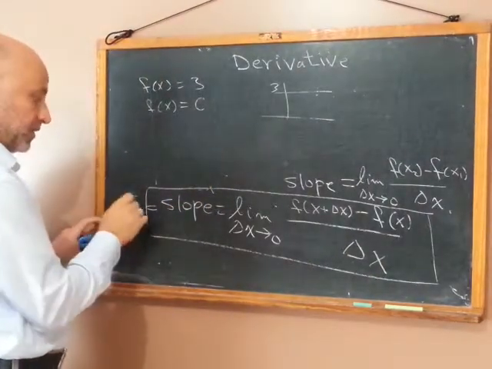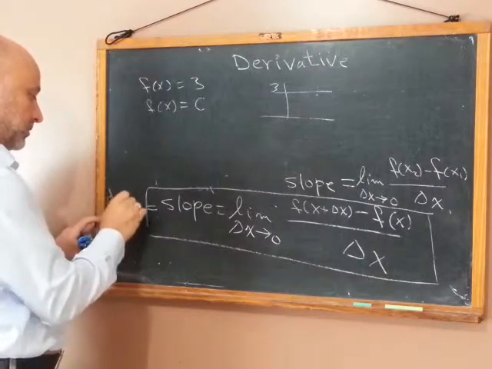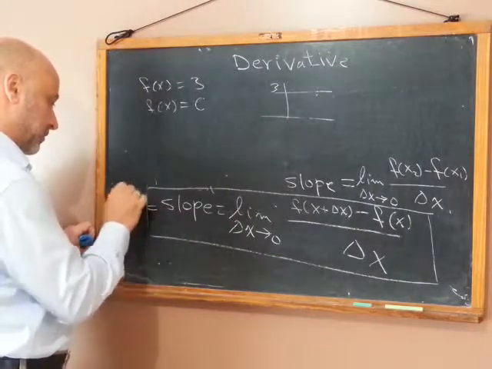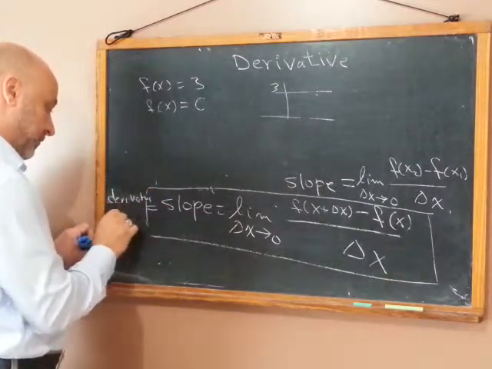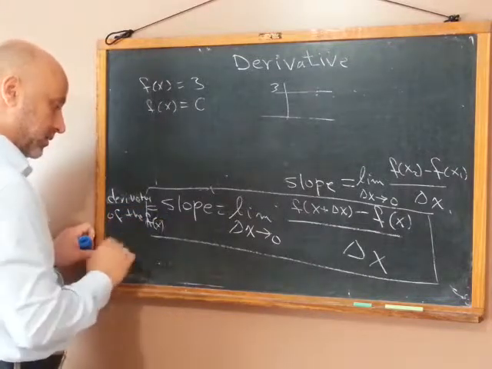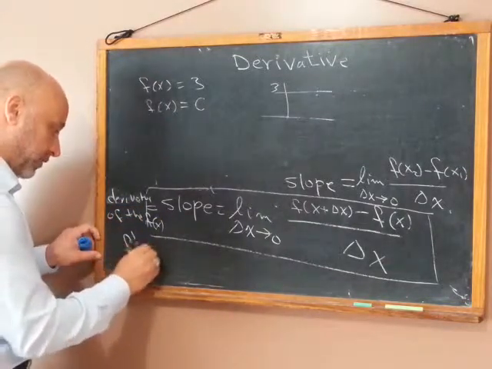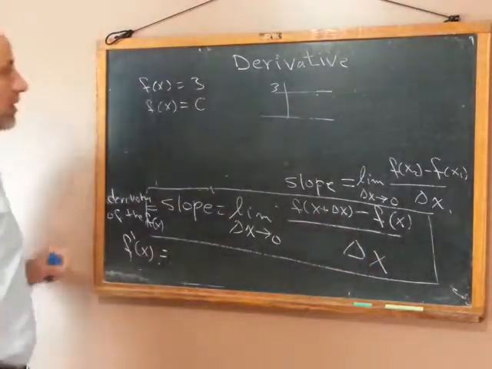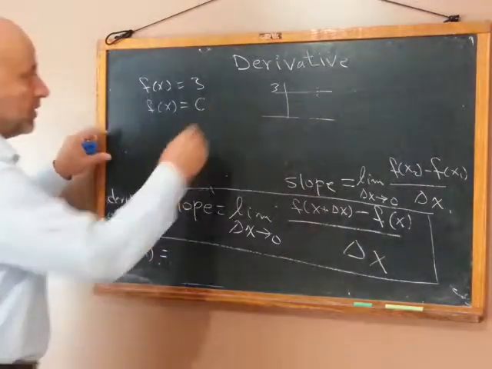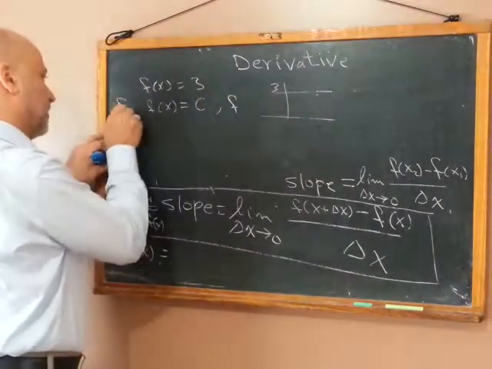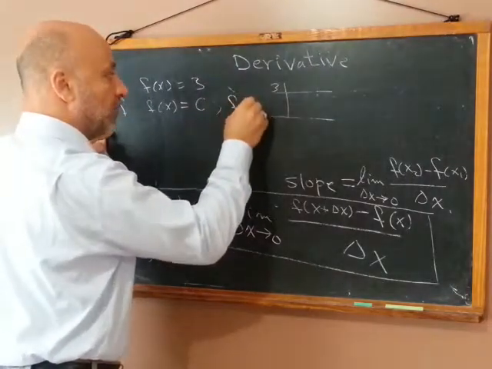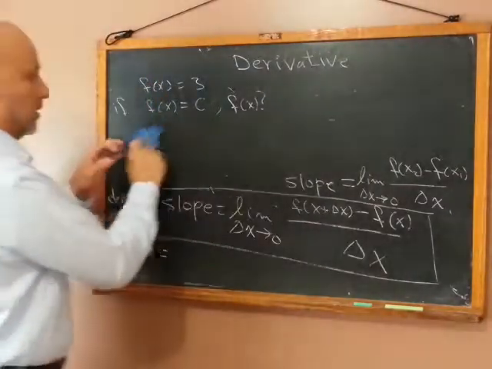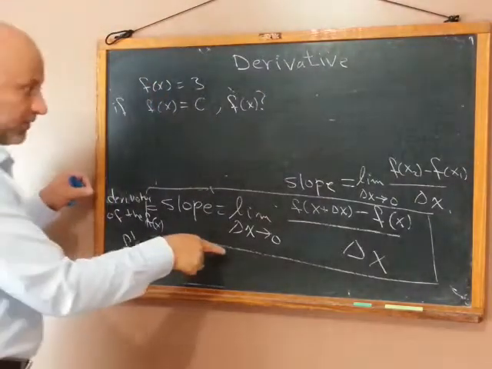The derivative of f of x, we label it f prime of x, equal to the slope of that one, equal to the limit of this and that. So what's f prime? That's the question. If f of x equals some constant, f prime of x equal to what? Derive it. No problem. We'll derive it using the definition.